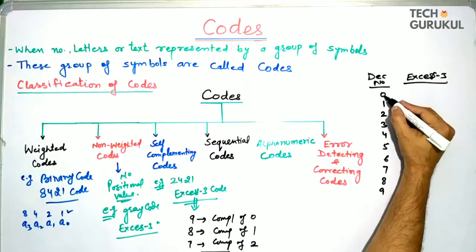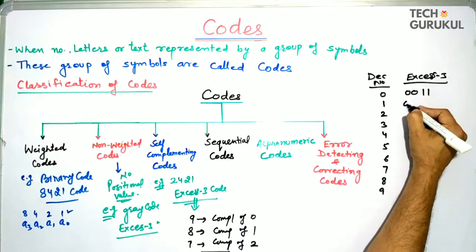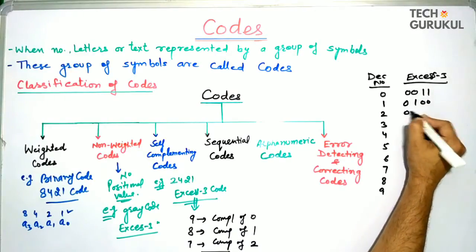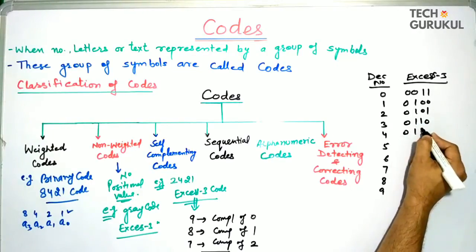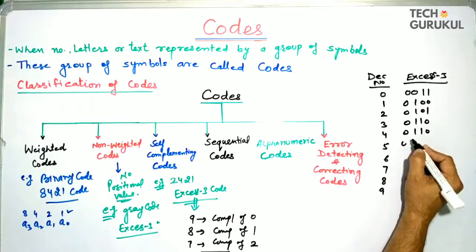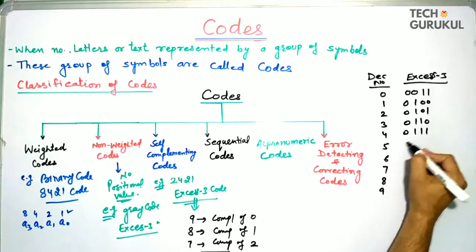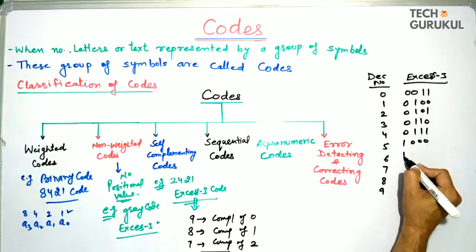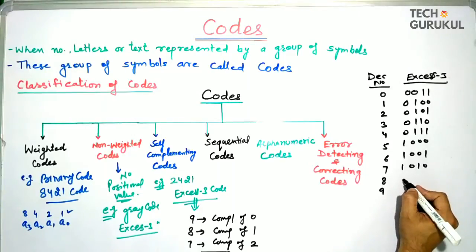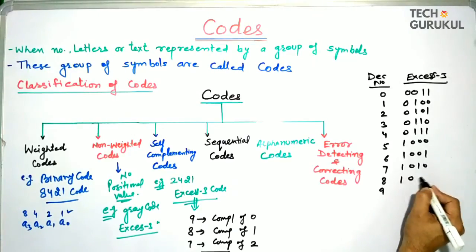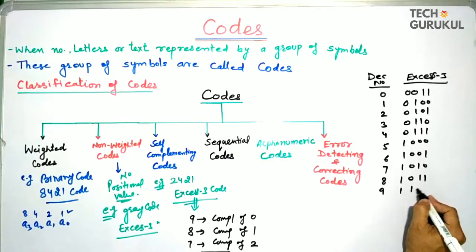XS3 code for this one is 0011, then 0100, 0101, 0110, 0111, 1000, 1001, 1010, 1011 and 1100.